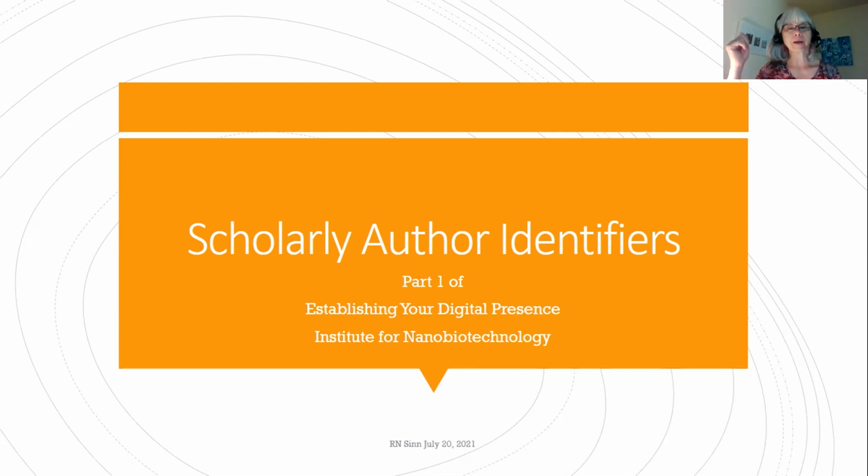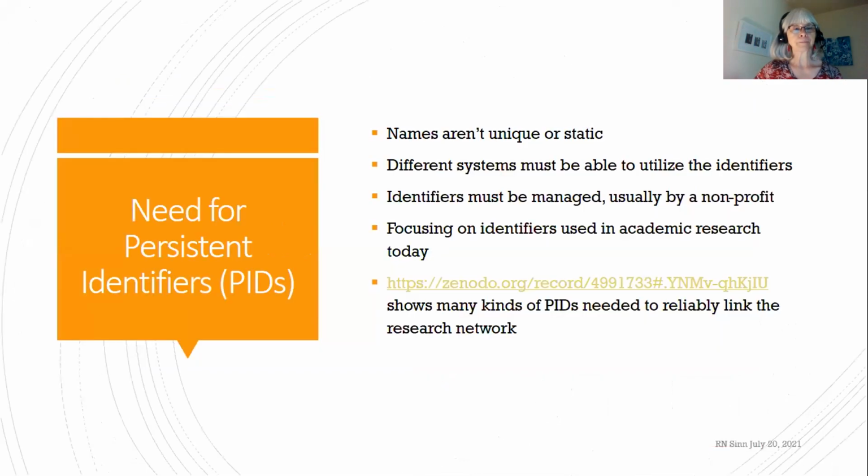So we're here to talk about scholarly author identifiers as part of this series to get everything going. When you think about scholarly identifiers, what's traditionally been the identifier for authors is a name, and that doesn't uniquely identify anybody.